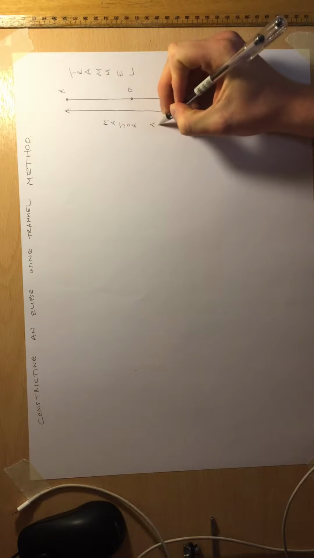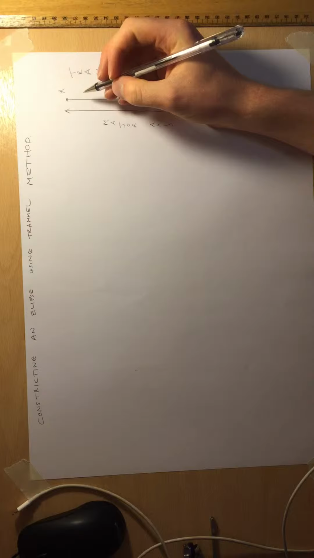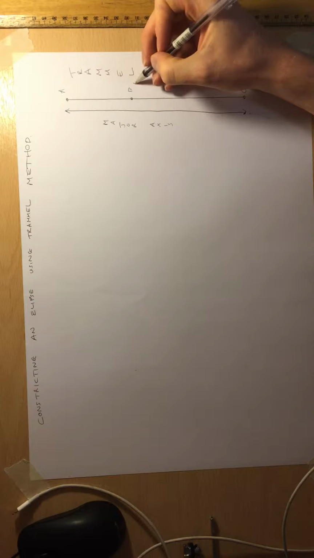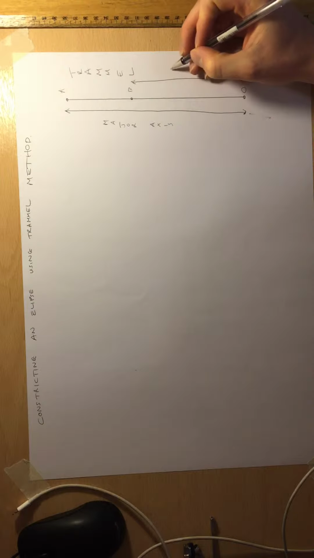So that's the first distance you're going to measure using your Trammel. The second distance, O to B, will be your minor axis.